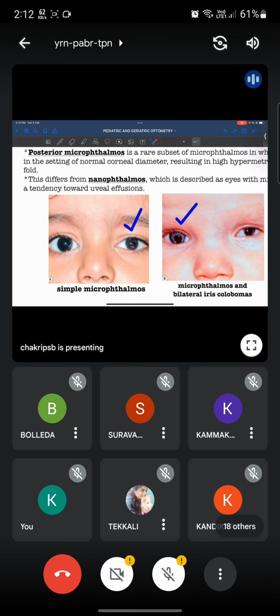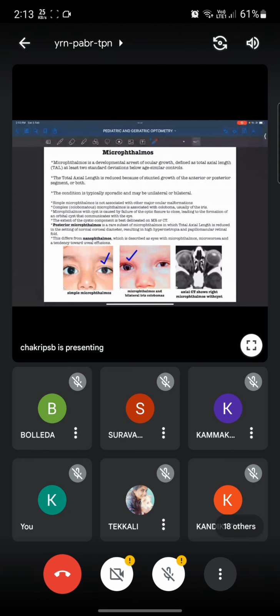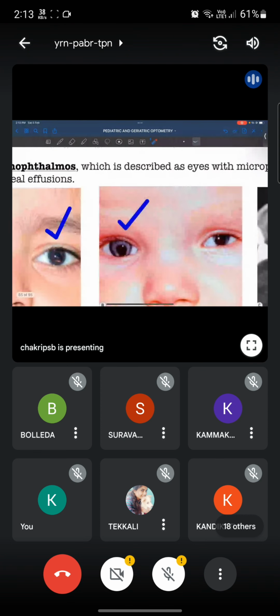Microcornea means the cornea size is decreased, but here the eyeball socket and total orbit are decreased. It can be unilateral or happen in both eyes. Most people facing microphthalmos may have keyhole coloboma.